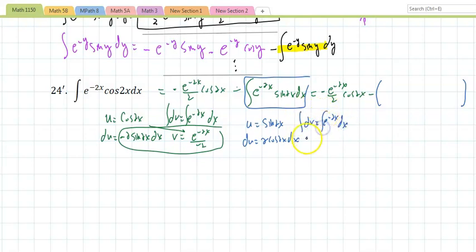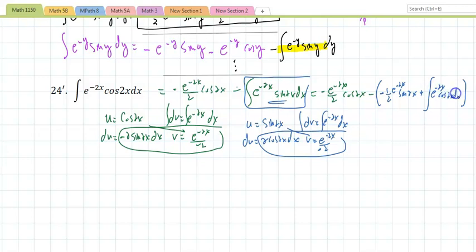And if I integrate, v will be e to the negative 2x divided by negative 2. So this integral is going to give u times v. That's going to be negative 1/2 e to the negative 2x sine of 2x minus the integral of the product of those. 2 negatives will make it a positive, so the 2's cancel out. E to the negative 2x cosine of 2x dx.